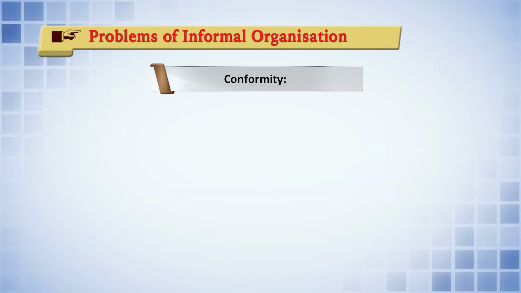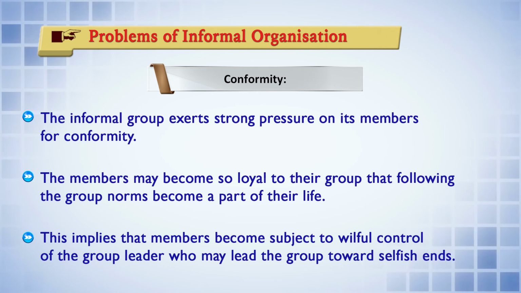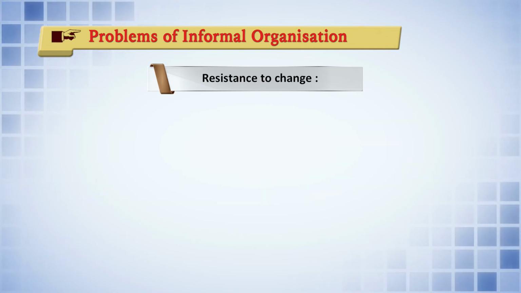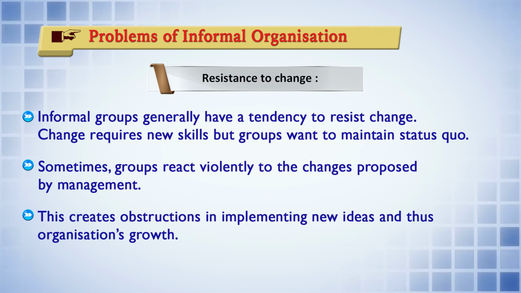Next is conformity. The group may exert some pressure on the members of the informal group so that they follow. So sometimes the leader may use that group for his or her selfish ends also. Next, resistance to change. If some new policy or new ideas are being introduced in the organization, the informal group may resist those ideas, and sometimes they may become violent also, because they want to maintain the status quo.